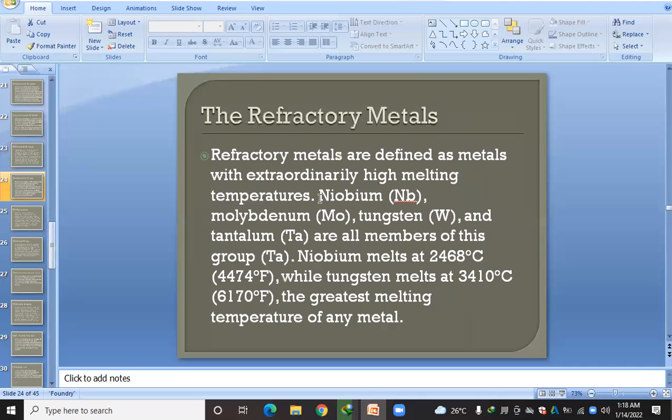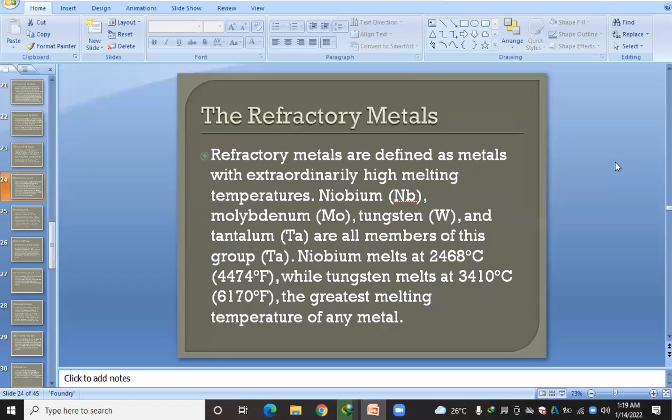Next is the refractory metals. Refractory metals are defined as metals with extraordinarily high melting temperatures. Niobium or Nb, molybdenum Mo, tungsten or W, and tantalum or Ta are all members of this group.